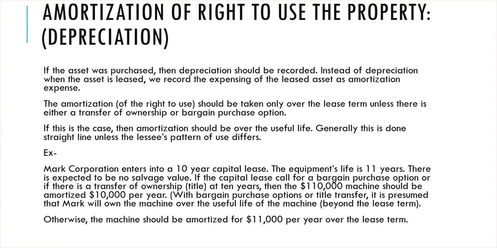Now, when you rent something and it is really a purchase, if it were an outright purchase, you would record this asset on your books and you would call it property, plant, and equipment, and you would depreciate it, right? That's what we do when we buy things, and these leased items are typically property, plant, and equipment, long-term in nature, because that's what the lease tends to be.